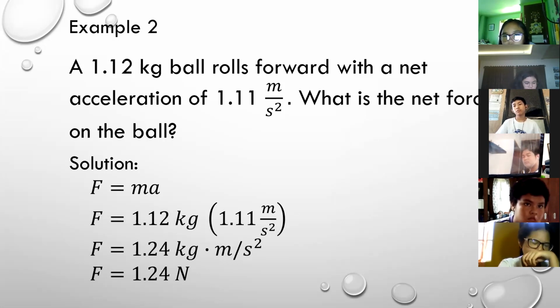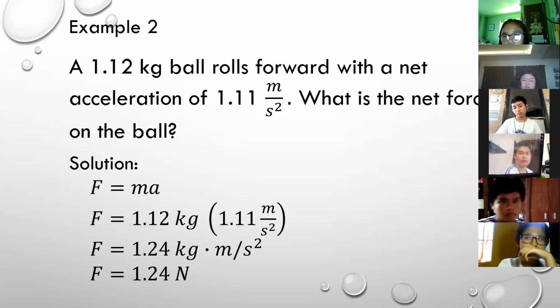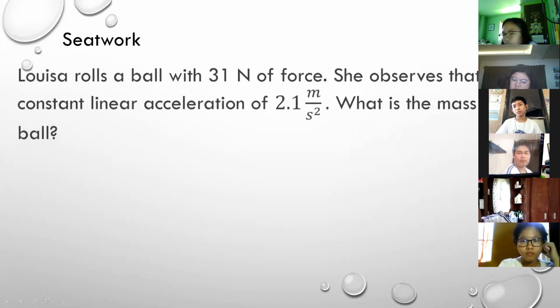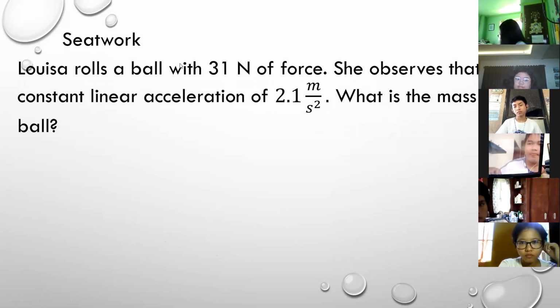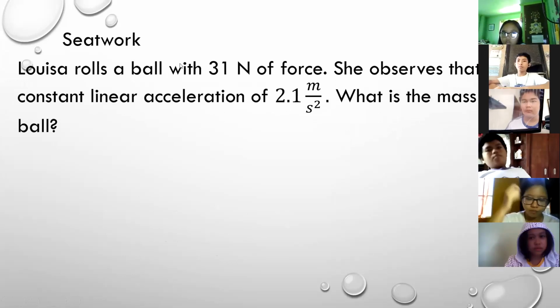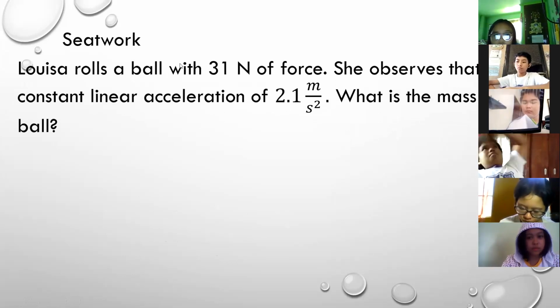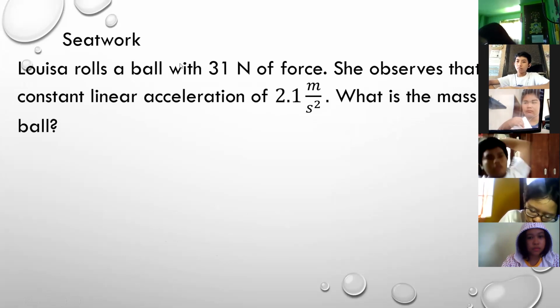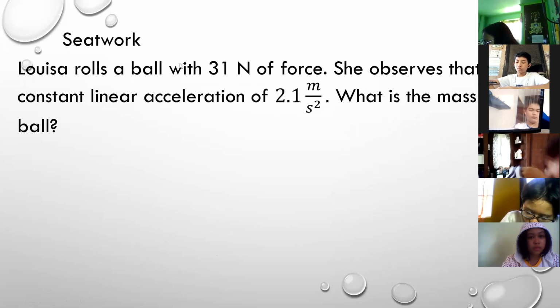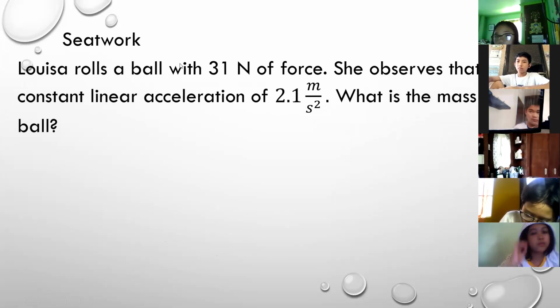I think we have another example here. Maybe we can proceed to the next example. This is a seat work for everyone to answer. I wish everyone to do this for 2 minutes. So let me read to you the problem. Luisa rolls a ball with 31 Newton of force. She observes that it has a constant linear acceleration of 2.1 meters per second squared. Question: what is the mass of the ball? This time around, the unknown is the mass.